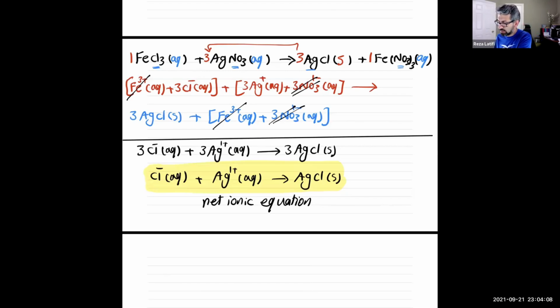Okay. Let's do some examples about how to use molarity to predict how much of a compound we need to add to crash out, for example, a heavy metal, or how much acid we need to add to a base to neutralize that base before we dump it inside our, say, sink.